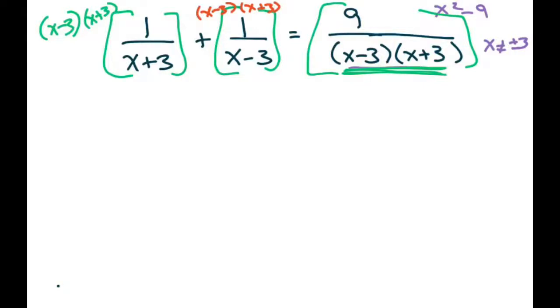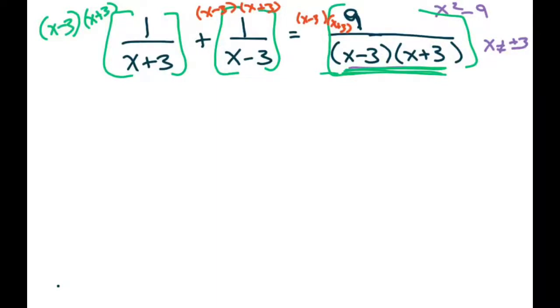And do it here too. It's just a mess here. Alright, so this is 9. So you're multiplying this by x minus 3 times x plus 3. I'm just squeezing it in here.